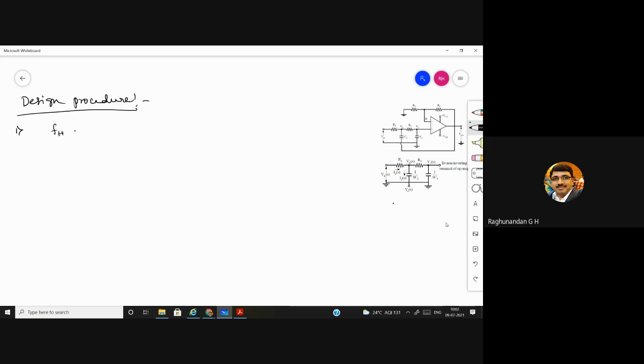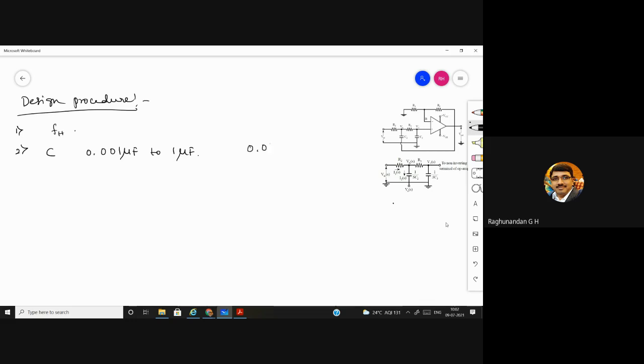Next, select the capacitor value, because you are having R and C. The capacitor value is from 0.001 microfarad to 1 microfarad. So this is the range you can assume.